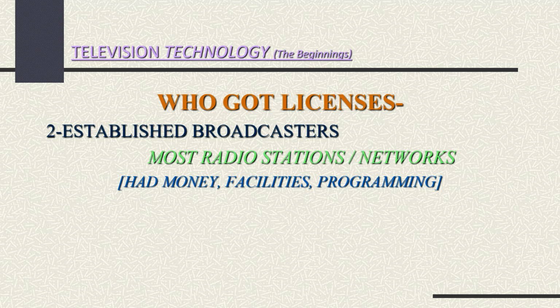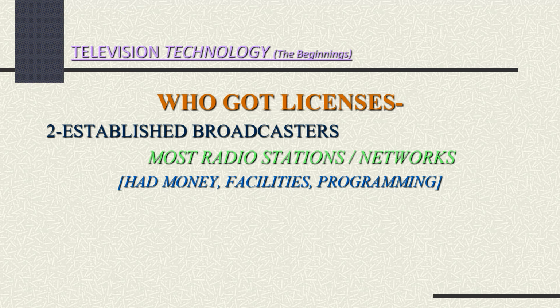Others who got licenses were those who were already in the broadcast business. Companies that own stations and networks, like General Electric, Westinghouse, and RCA. They already had an established network, established facilities, and established programming. If you remember back when we talked about radio programming, a lot of film stars moved to radio, and a lot of radio stars moved to television.